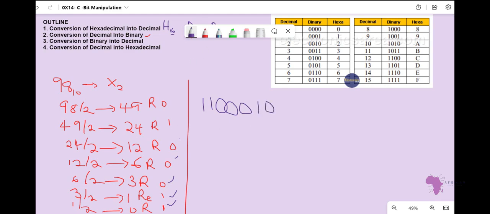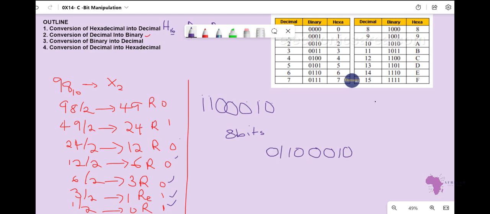But another thing you have to notice, guys, is that you have to have it in 8 bits. Remember 8 bits? For it to be complete, you must have it in 8 bits. So how many bits do we have? We have 1, 2, 3, 4, 5, 6, 7. So we are adding only one 0. So we have 0, 1, 1, 0, 0, 0, 1, 0, like that, and then we are adding one 0, so that makes 8 bits, right?